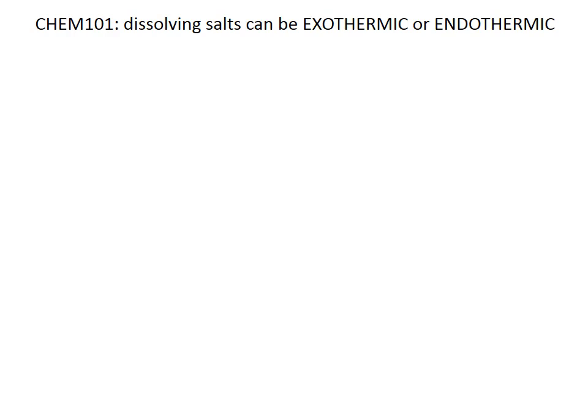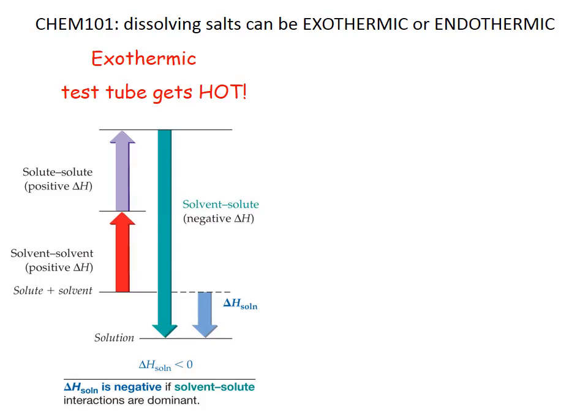So in Chem 101 you did that lab where you identified which salts had exothermic heats of solution and which had endothermic or positive heats of solution. So remember, exothermic, the test tube got hot. And at the bottom here you're seeing what that diagram would look like. Okay, so we have a red arrow.